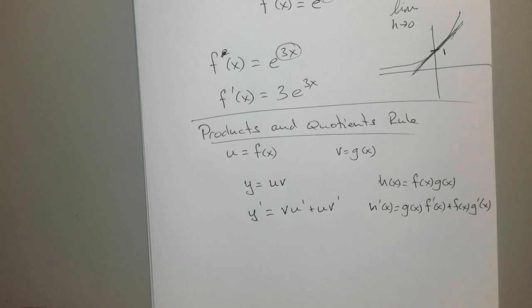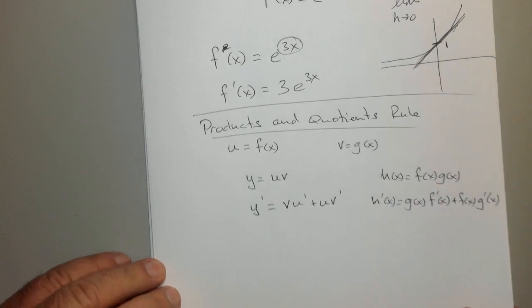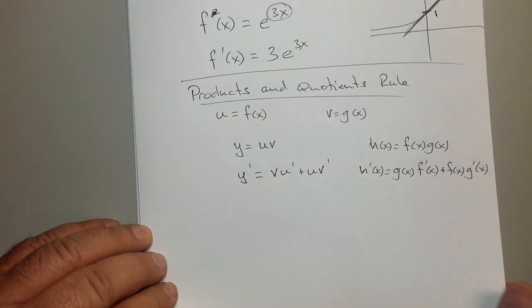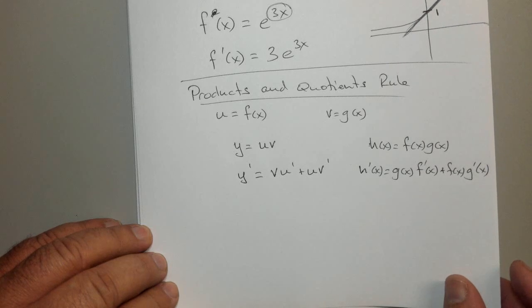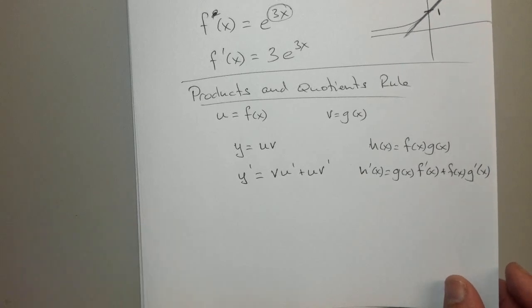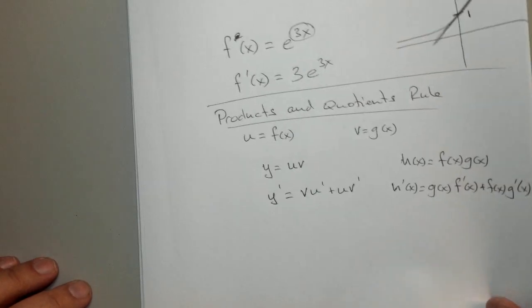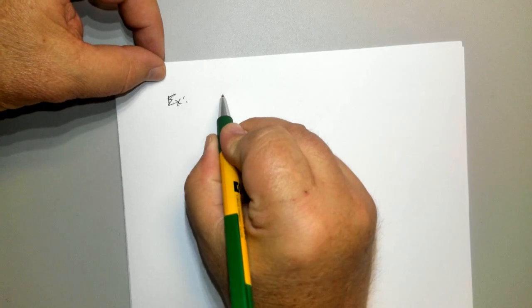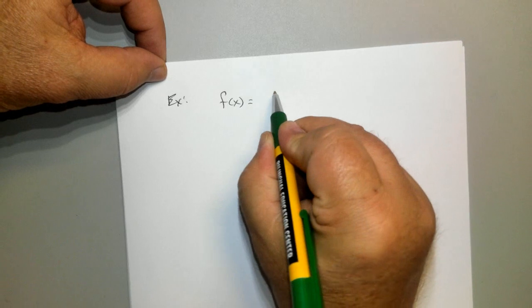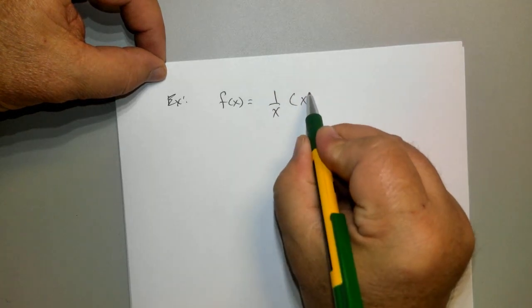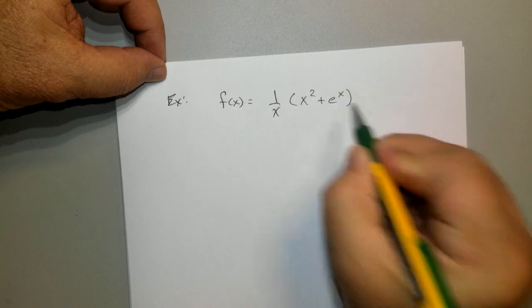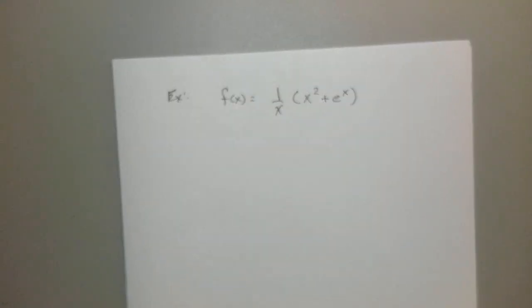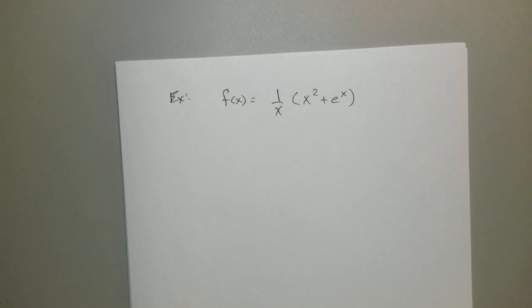The examples I have. Oh, there they are. Take an example here. F of x equals 1 over x times x squared plus e to the power x. This is a product of two functions.